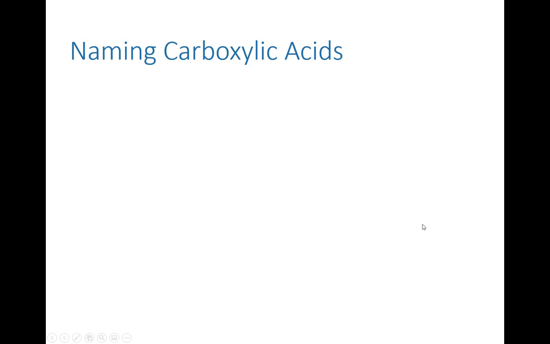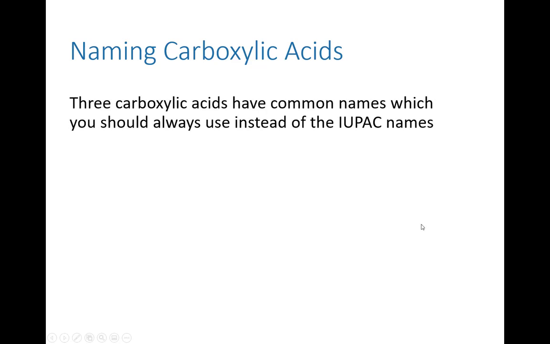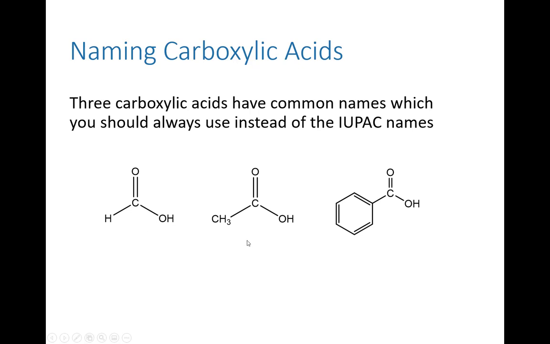Now, these are the rules according to the systematic system, what we call IUPAC rules. But we find that some of the carboxylic acids have common names that we should be familiar with. And they are these 3 compounds here. So this carboxylic acid here has only 1 hydrogen, and it is called formic acid. You might recall from the aldehydes chapter that when we had 1 hydrogen here and 1 hydrogen here, that was called formaldehyde.